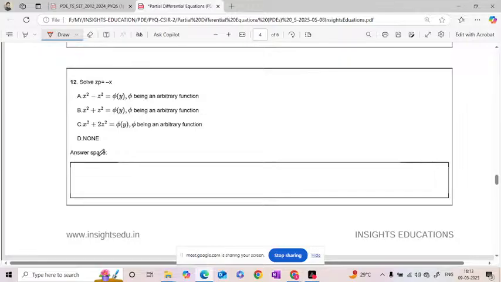Now zp is equal to minus x. What is the solution of the differential equation, and which type of differential equation is given? Lagrange or Charpit's method to apply, sir?